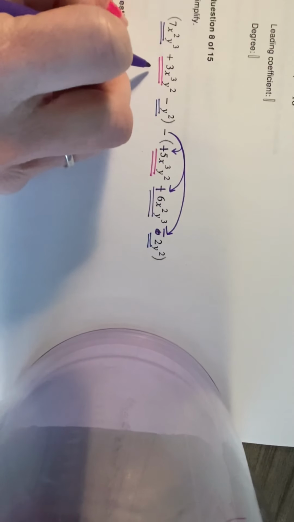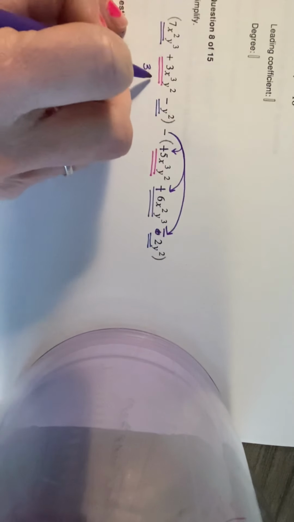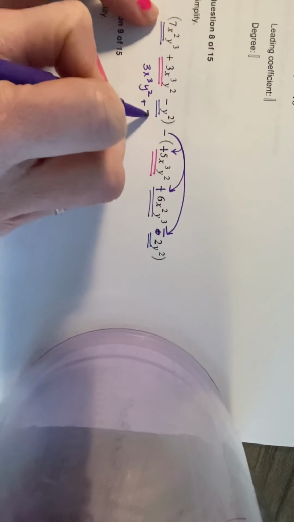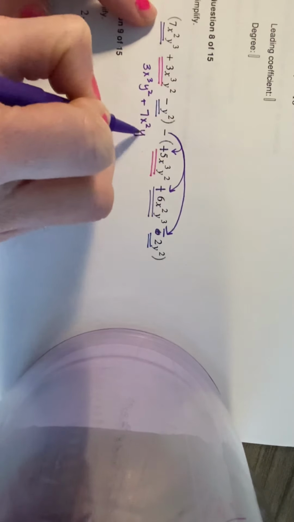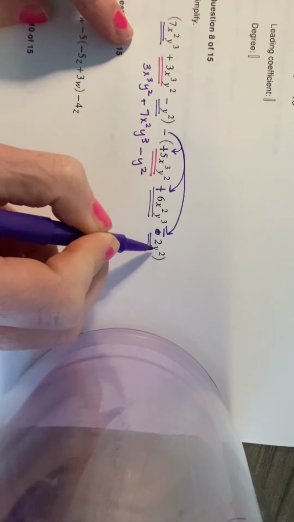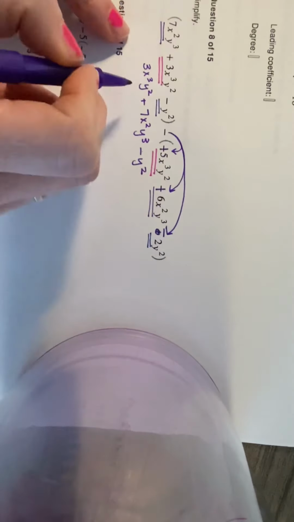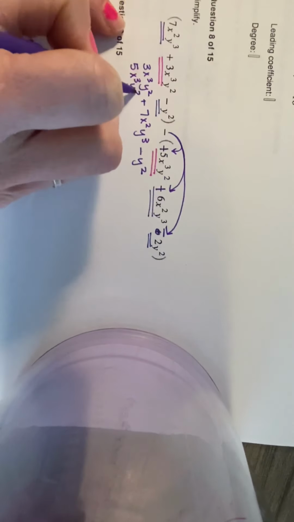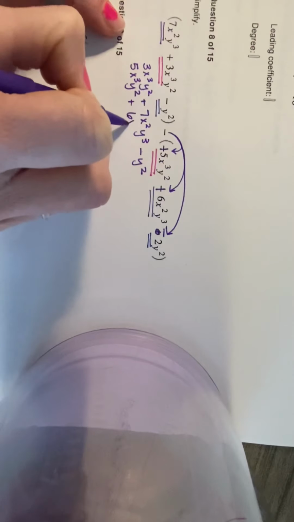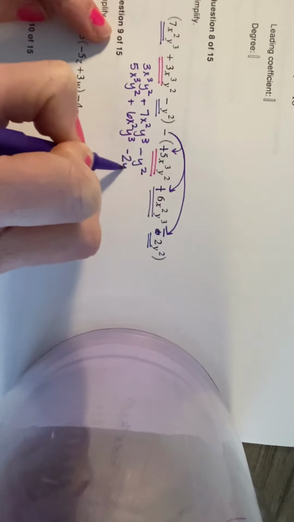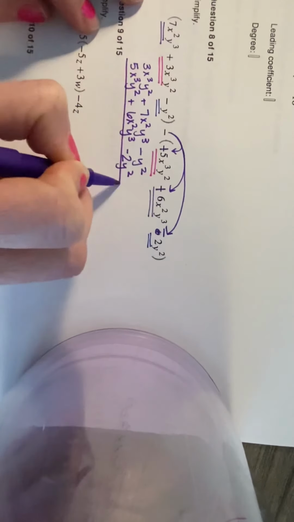I've got 3x cubed y squared plus, I'm rearranging, 7x squared y cubed minus y squared. Now I'm going to put this guy, because now they're in the same order, right below it. So 5x cubed y squared plus 6x squared y cubed minus 2y squared.